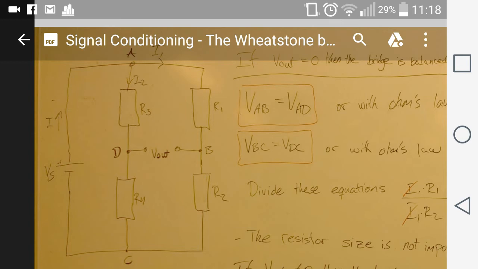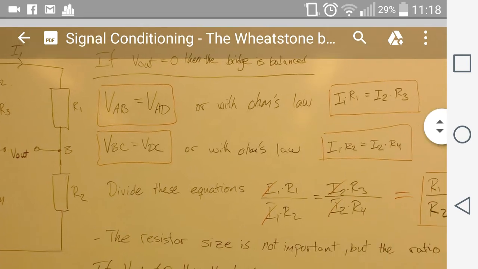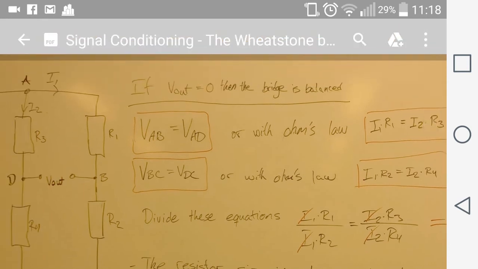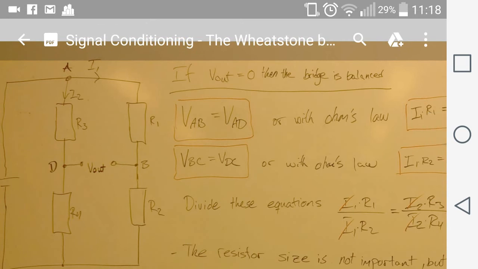Now, if we say that we want to take an output voltage between node D and B, and we say that this output voltage is equal to 0, that is, there is no current flowing between these points, then the output voltage should be 0, and we say that the bridge is in balance.